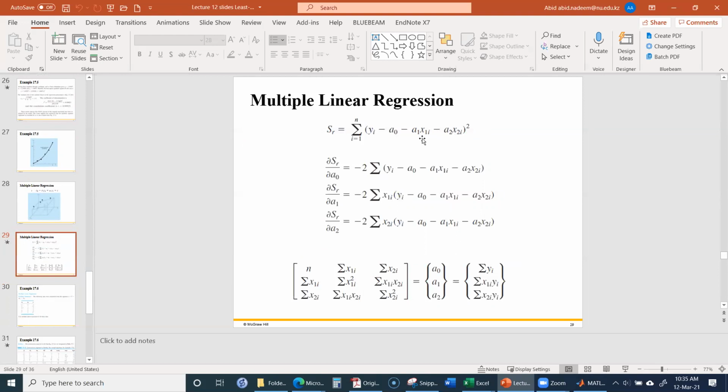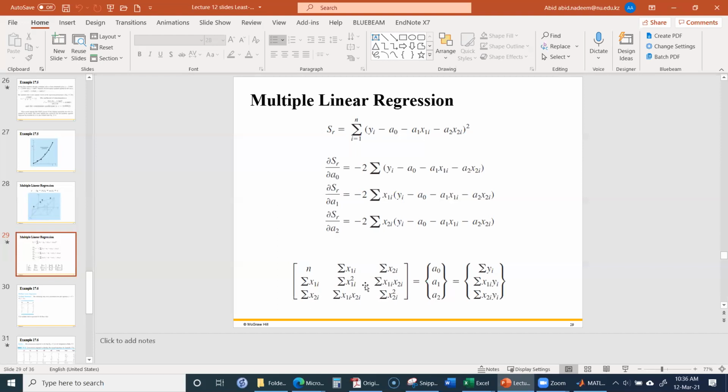In this case, we are taking two independent variables, so we will need to solve three equations. First we have n, the number of data points, then sigma x1 and sigma x2 values, then x1 and x1 square values, and x1 x2 values. And here x2 values, x1 x2 values, and x2 square values.